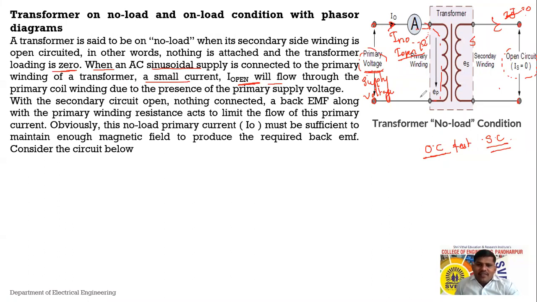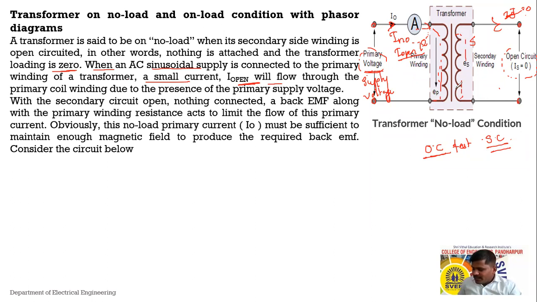So this magnetic flux created, that is phi. According to the mutual induction principle, this flux phi will be linked to the secondary, because there is a magnetic coupling between primary and secondary. Primary and secondary च्या मध्ये magnetic coupling आहे.